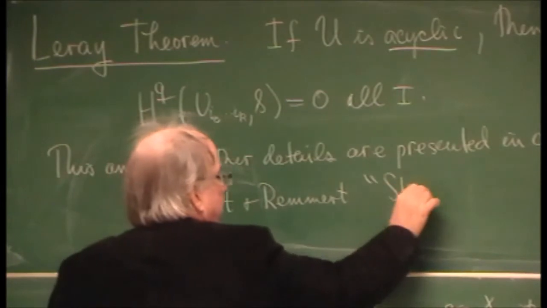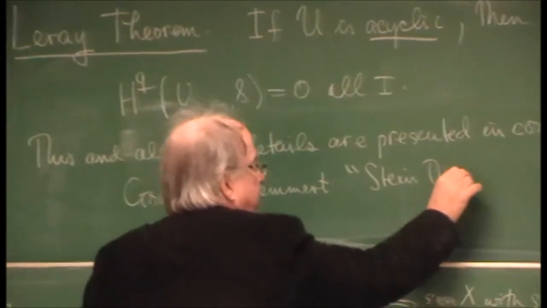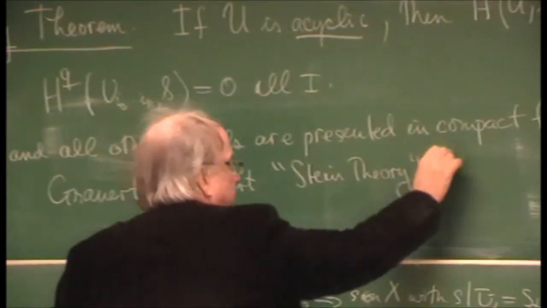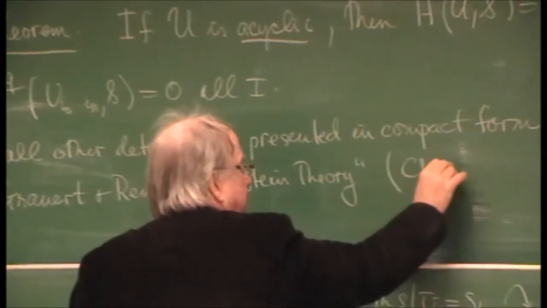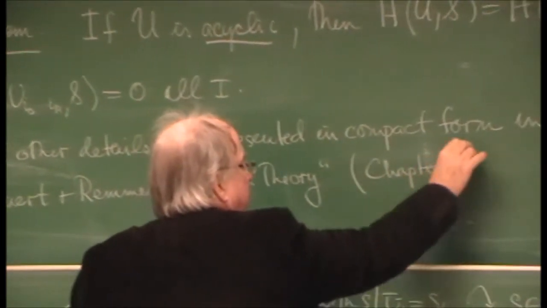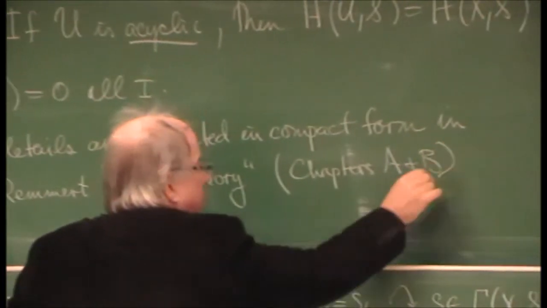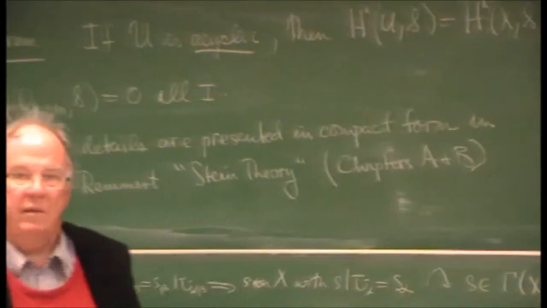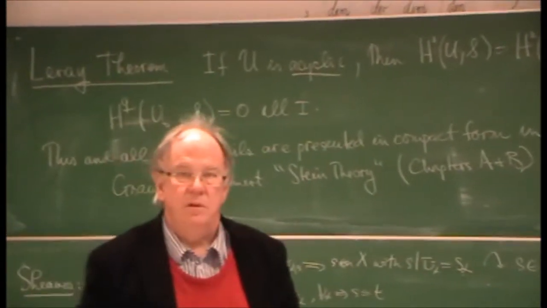That's a big book. Well, it's not a big book, but it has a lot of content. You should only read chapters A and B. I mean, it's not bad, right? Everything is there.